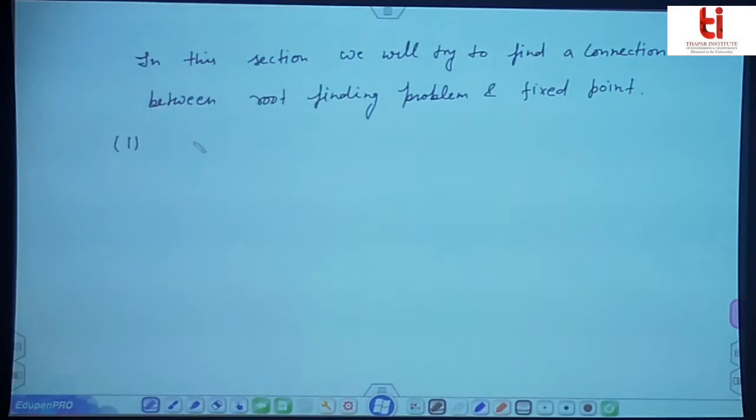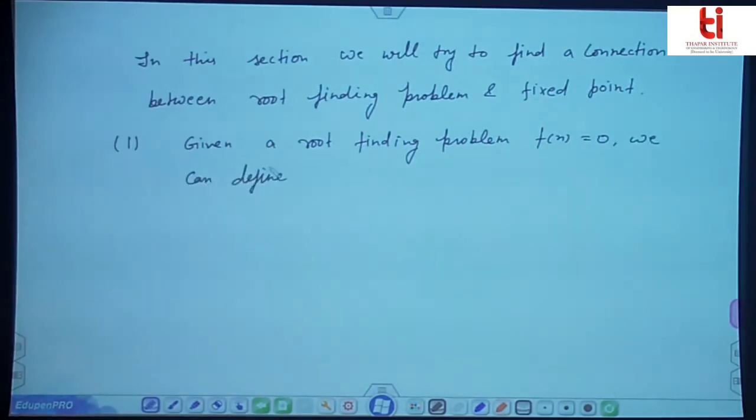One is, given a root finding problem, that means f of x equals 0, we can define a function g with a fixed point at alpha in a number of ways.